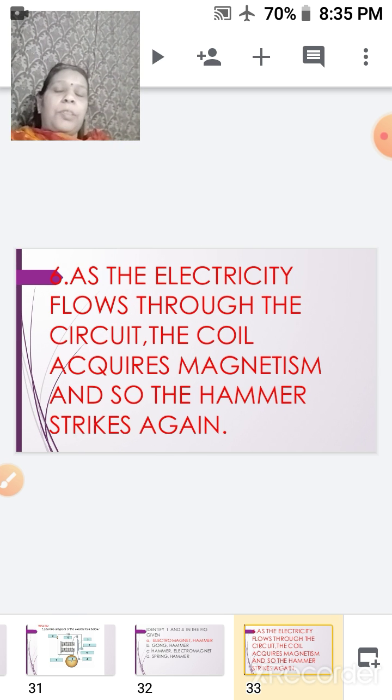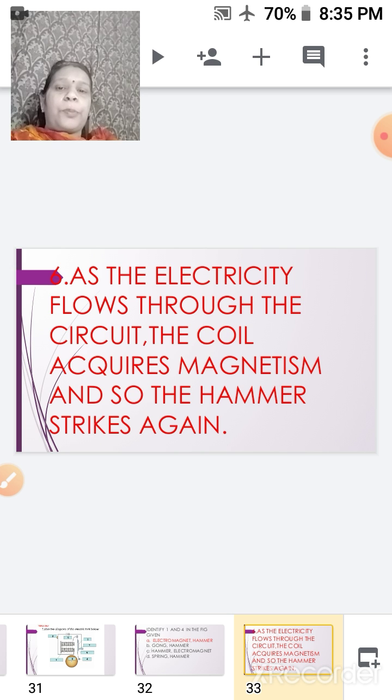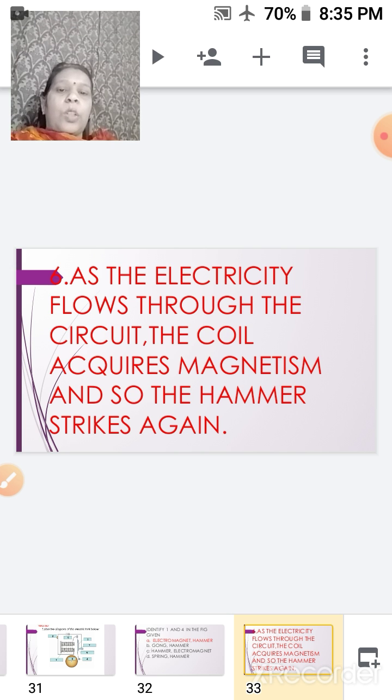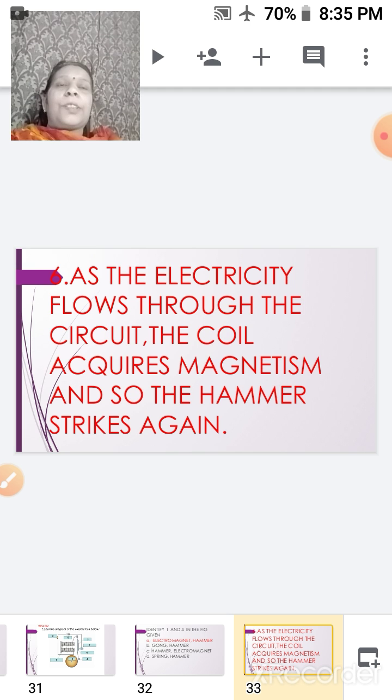Now, we saw that electricity stops flowing. But as the electricity flows through the circuit, the coil acquires the magnetism again and the hammer strikes. Once the hammer has struck the gong, what happens then? It stops working because the bell has already rung.